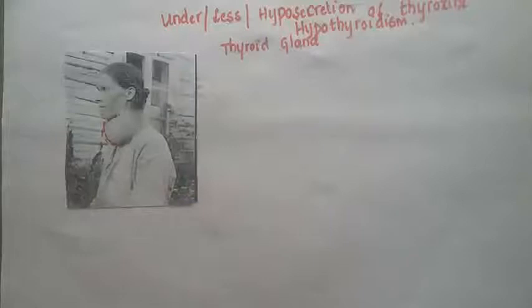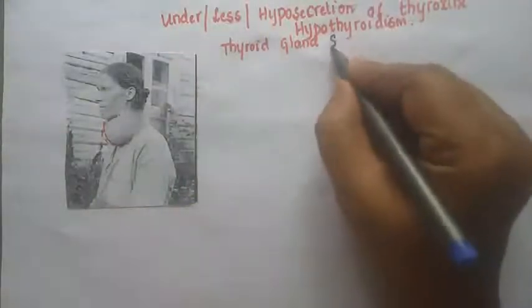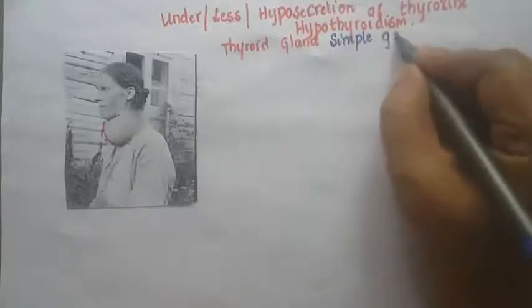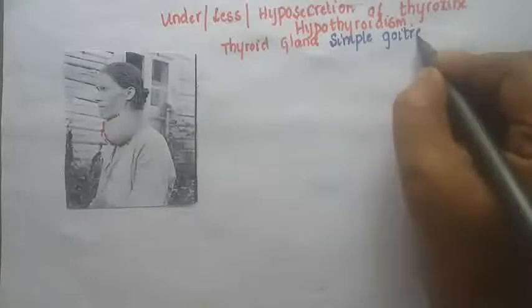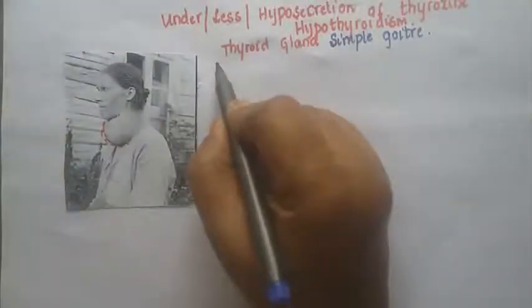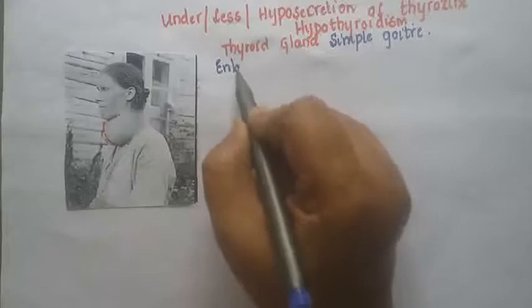This condition or disorder we call a simple goiter. Children, what do we call this condition? This condition is known as simple goiter. So what happens in simple goiter?